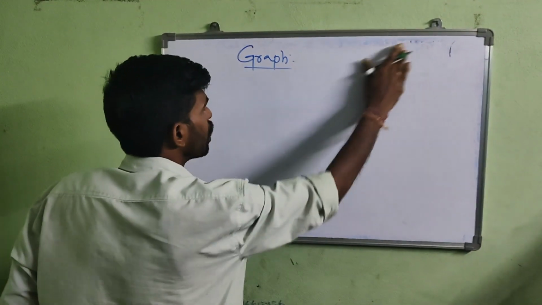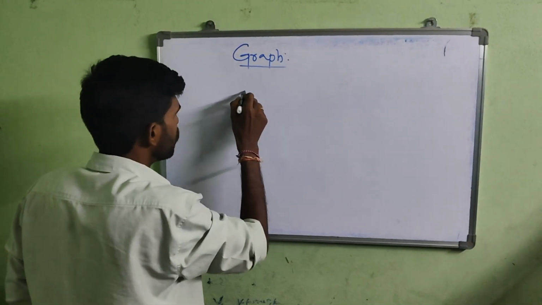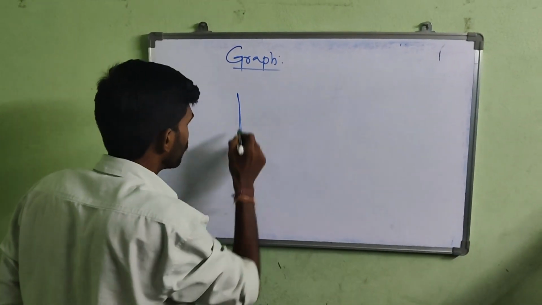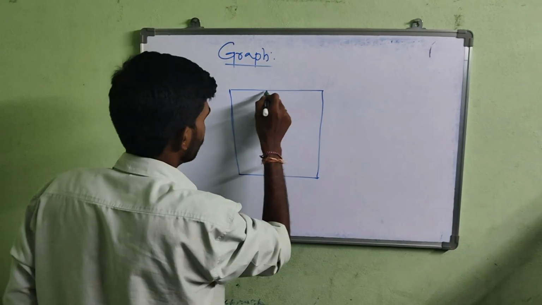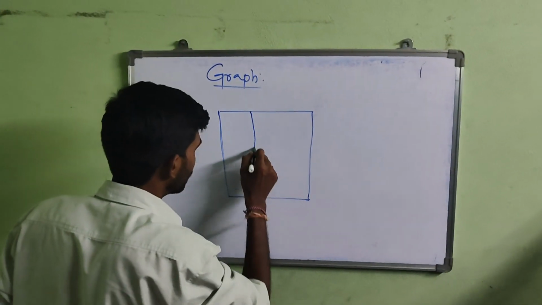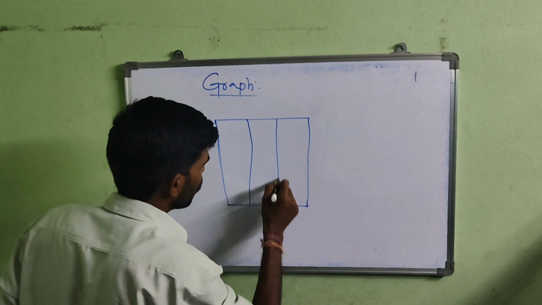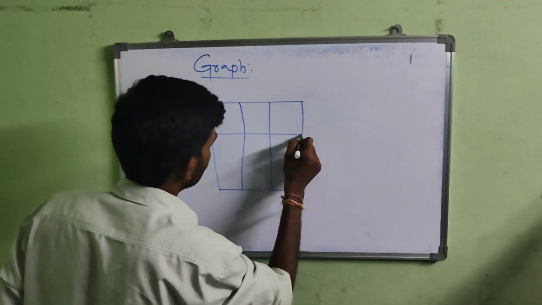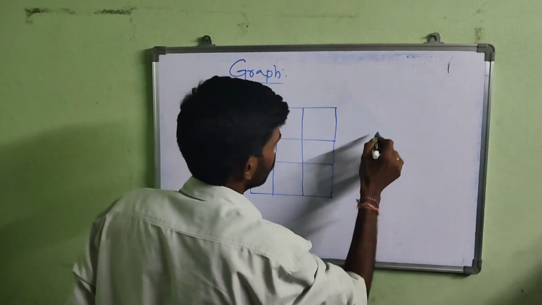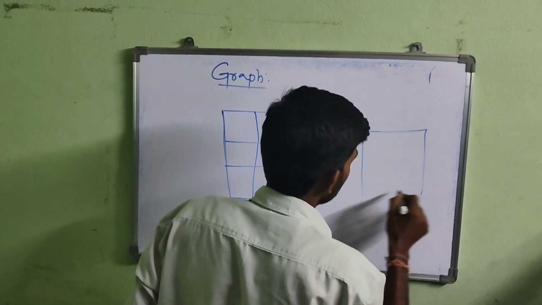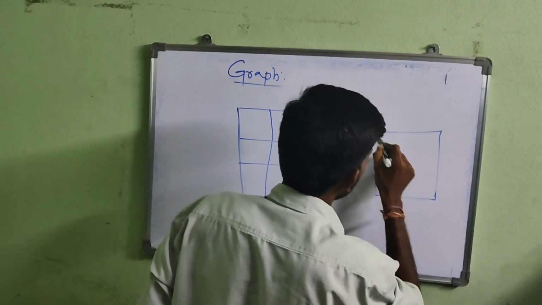Now here how the graph will be. Okay, how the graph will be we need to know first. If I take some boxes, for example, I am taking only 3 boxes in the graph. For example, you can see this graph representation. How the graph will be in your notebook, you can check.